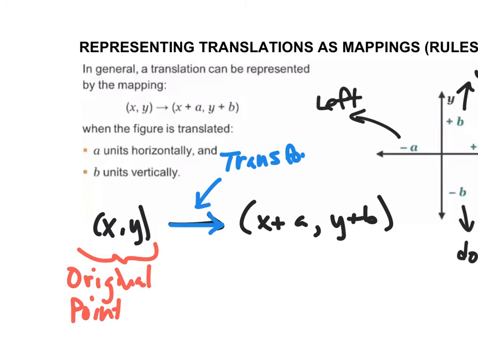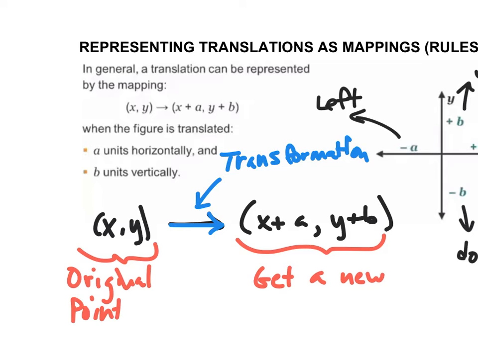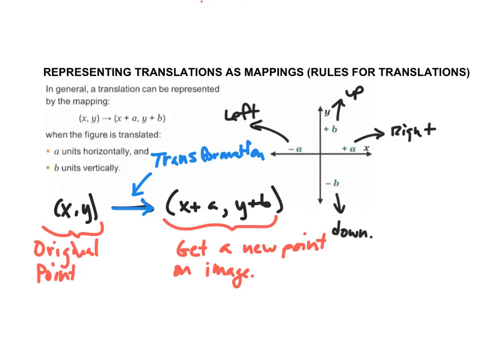That's what the arrow means. And then this here, let's use red, is how you get a new point on the image. And I'm going to show you how that works on the next page.